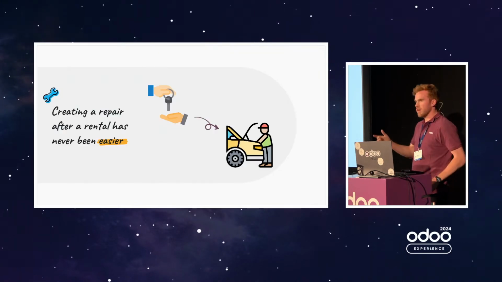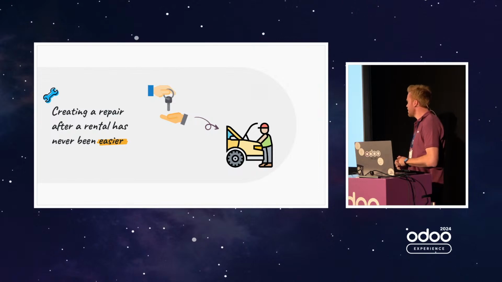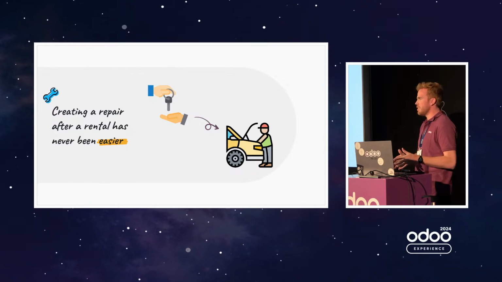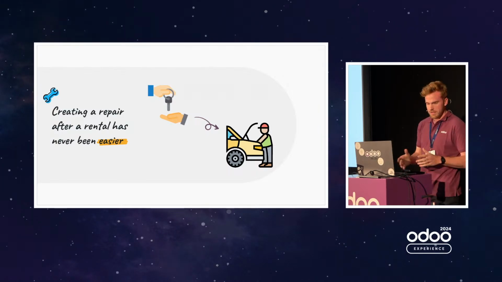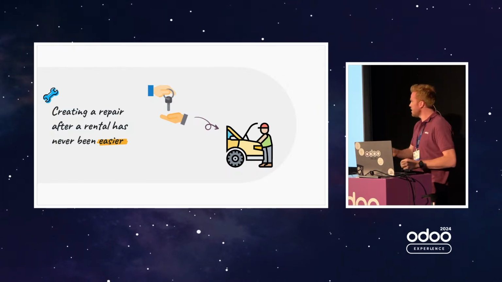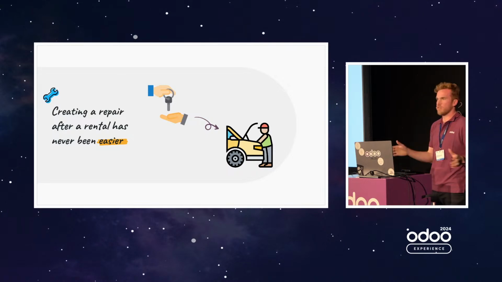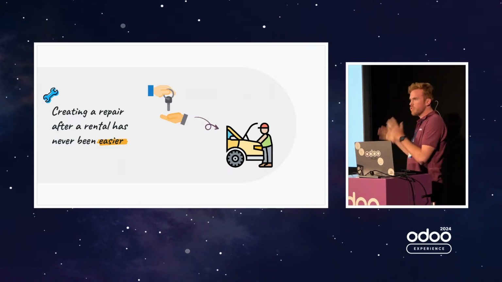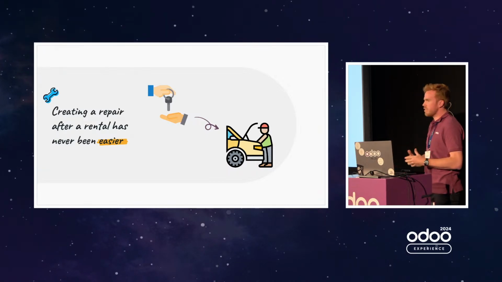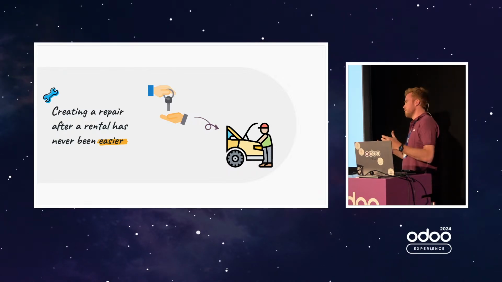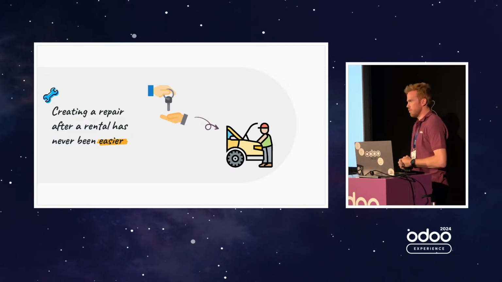Okay, I'm sure there's one question that everybody has had in their minds. Why am I combining the repair and the rental application in one talk? Well, the reason is this. Creating a repair after a rental has never been easier. We have streamlined the rental to repair flow, and we've made it way more human error-proof, let's say it like that.